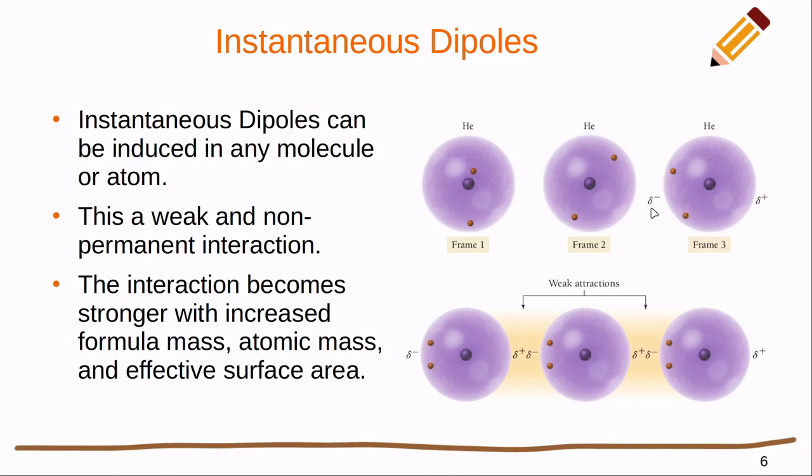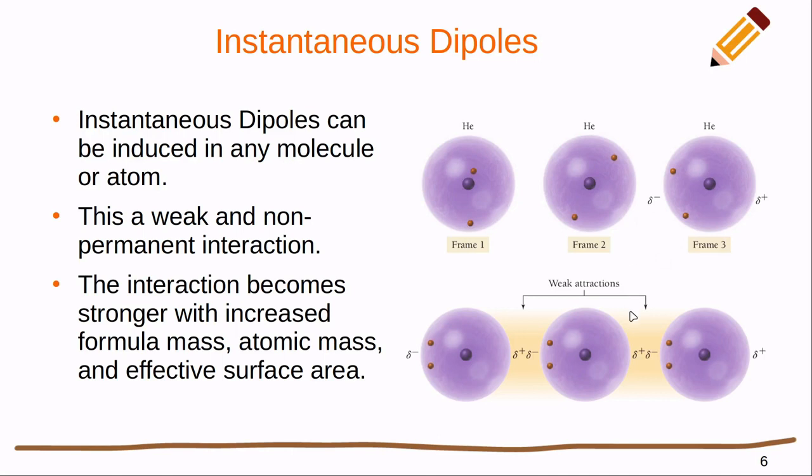This separation of charge is our dipole. Di means two, poles mean that they have opposite polarities. And while normally this is just going to be a one-time thing, an instantaneous dipole, and then it's going to go back to being normal like one of these guys.